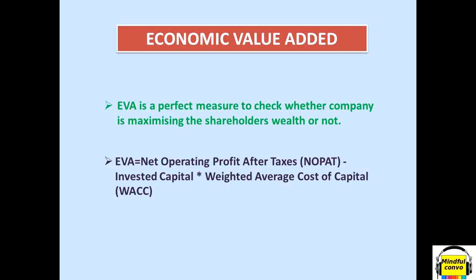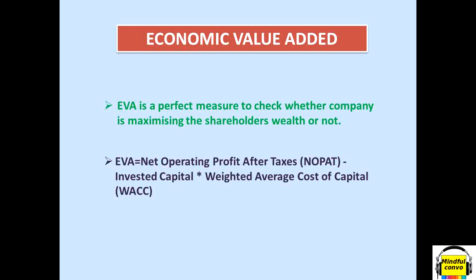Now what are the advantages and disadvantages? Basically the disadvantage is that accounting profit is always ignored here, as they always use economic profit. Also, in this formula you will see that they have taken the weighted average cost of capital, but companies usually work with both equity and debt.